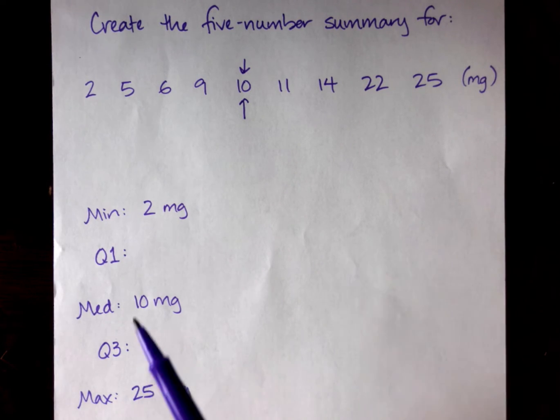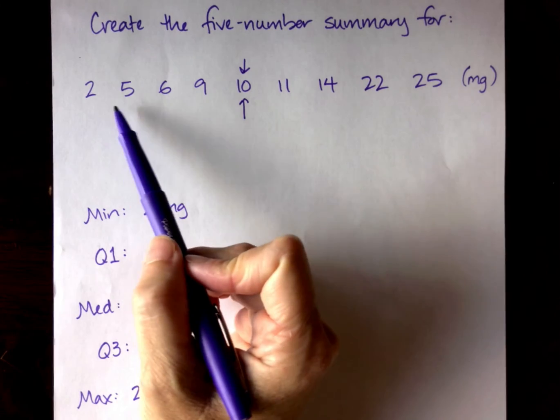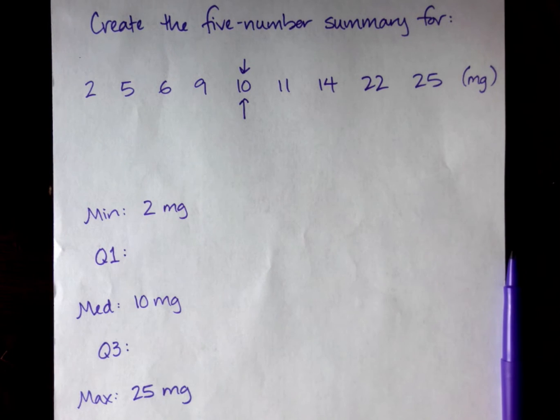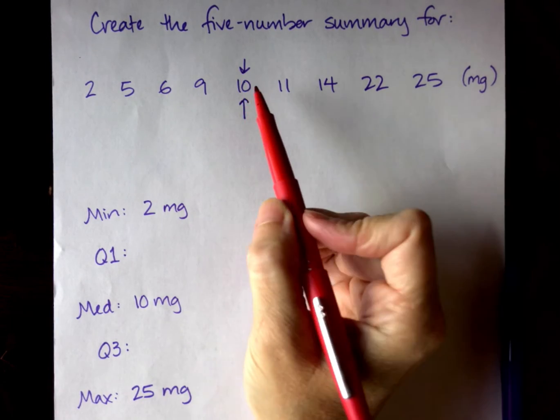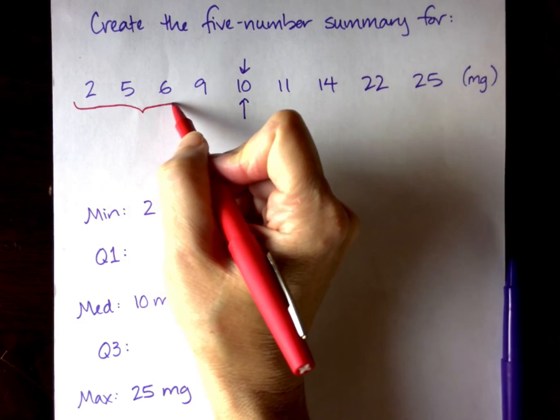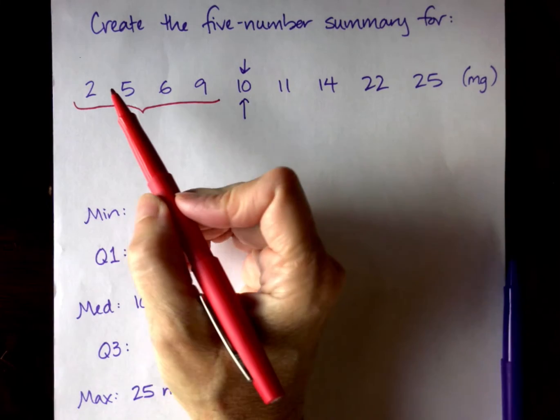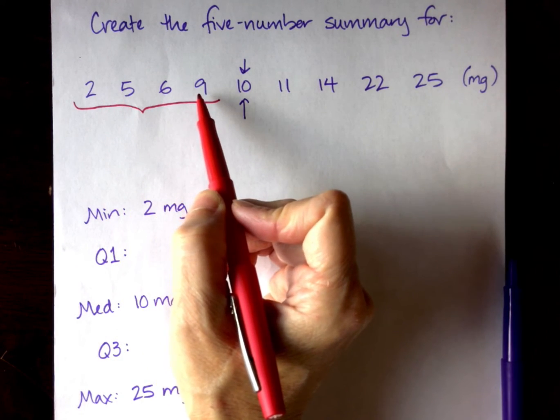of entries. To find Q1 and Q3, Q1 is the median of the lower half of the data set. So we will ignore the actual median. We will look at everything below the median, and we will find the median of these 4 entries.